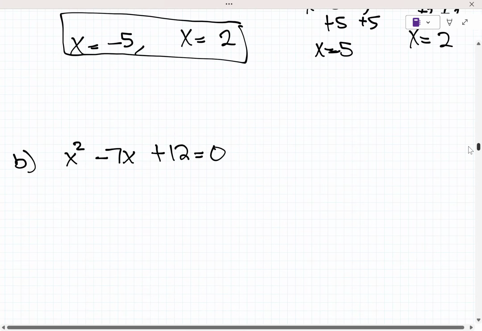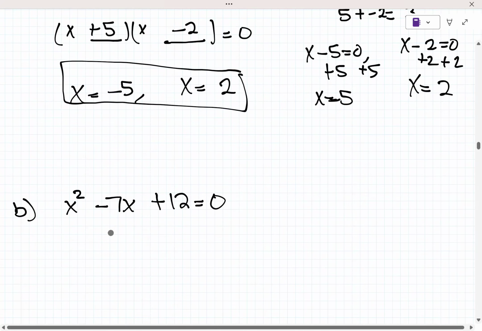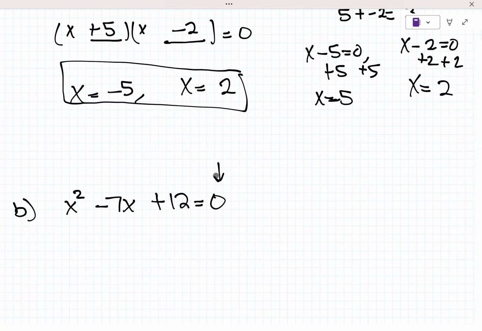So we did that one. Let's do B. We have to solve x squared minus 7x plus 12. The good news is one side is 0, so I can just start by factoring it. It's just regular simple factoring because the a value is 1. So I'm going to put a blank space here, a blank space there. Can you come up with two numbers that multiply to 12 and add to -7?